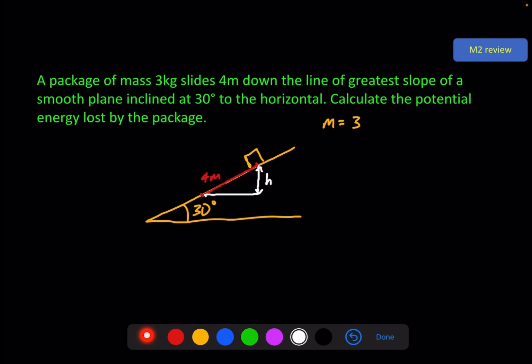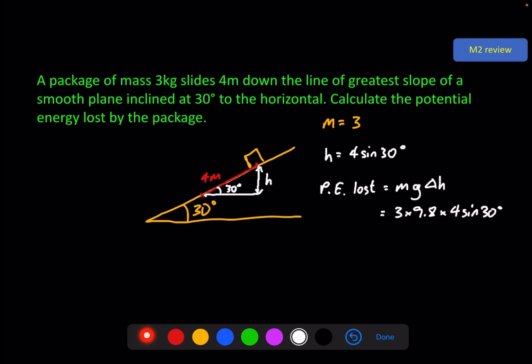Of course, this is still 30, so we've got h is equal to 4 sine 30 degrees, and the potential energy lost is equal to mass times the gravitational constant times the change in height. 3 times 9.8 times 4 sine 30, 58.8 joules of energy lost.